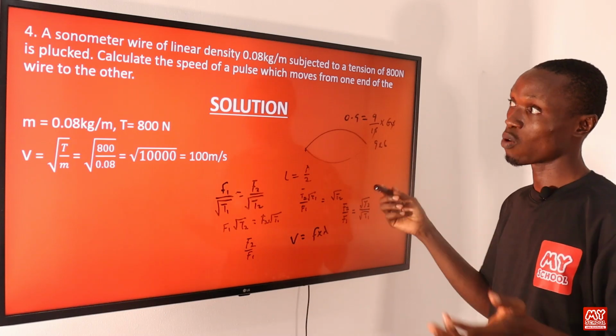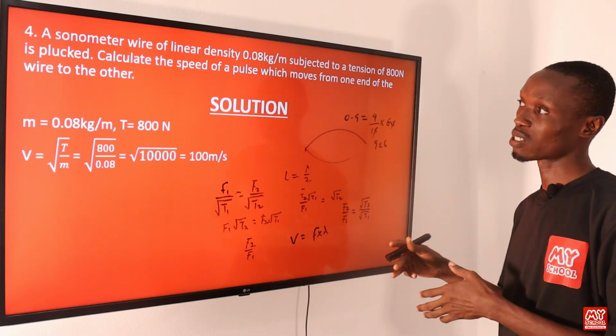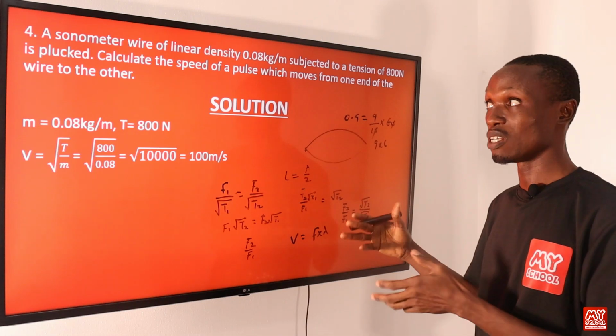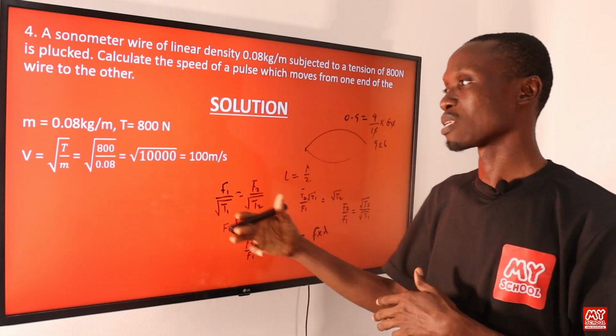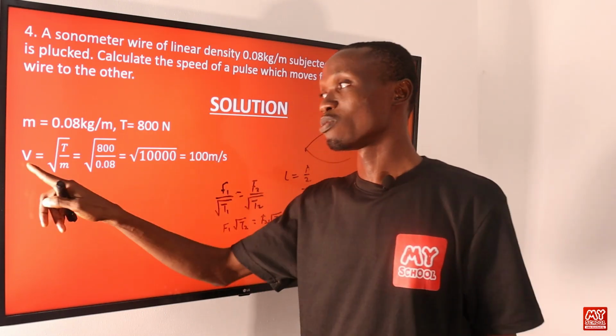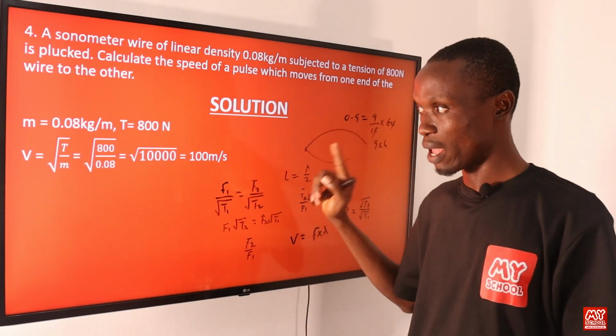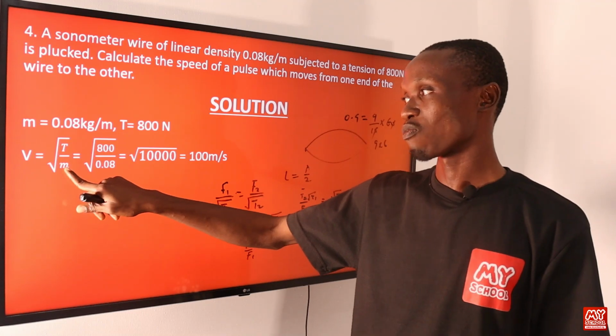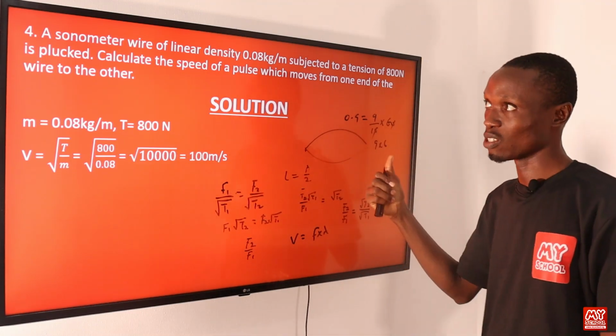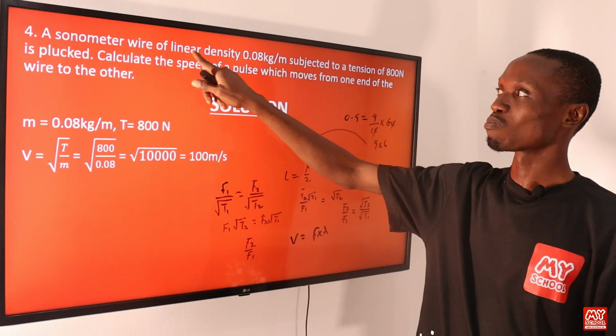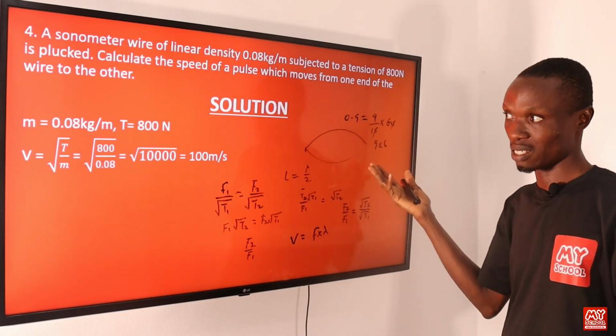So basically here we are calculating the velocity or the speed of wave in a string, okay? So remember that to calculate that, we simply use the formula V is equals to root T all over M. But remember that M here stands for mass per unit length. So mass per unit length is the same thing as linear density, okay?